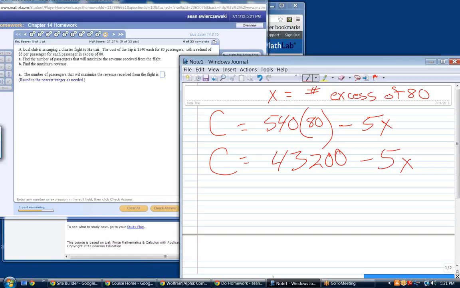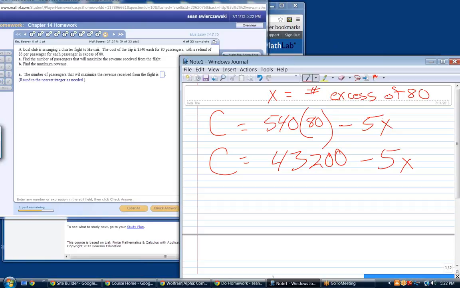I'm not sure what. The cost of the trip is $540 each for 80 passengers. So if there's 85 passengers, are we charging them $540 each for 85, and then they're going to get a refund of $5 for 5 passengers? That's what it sounds like, at least.